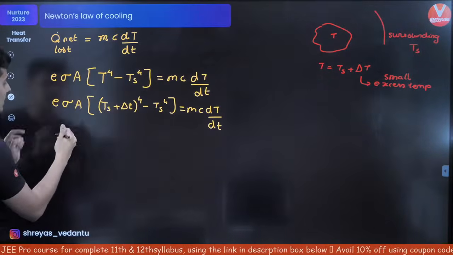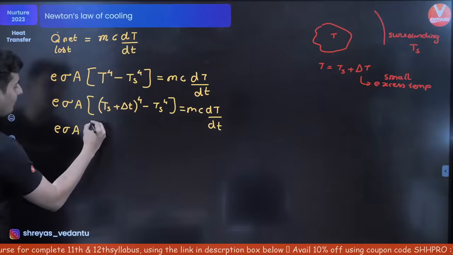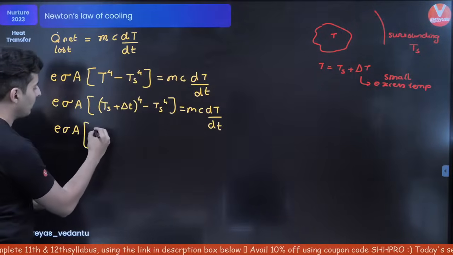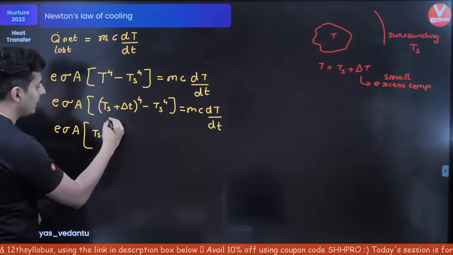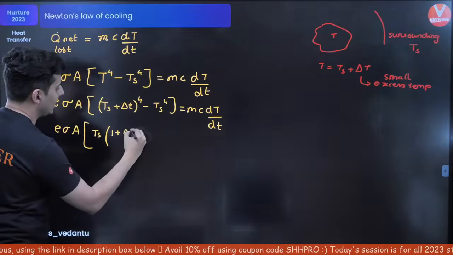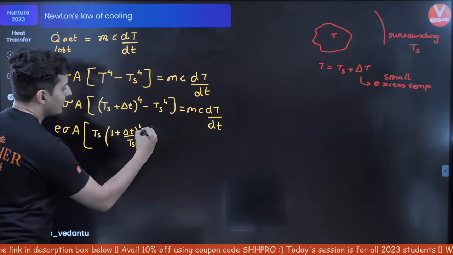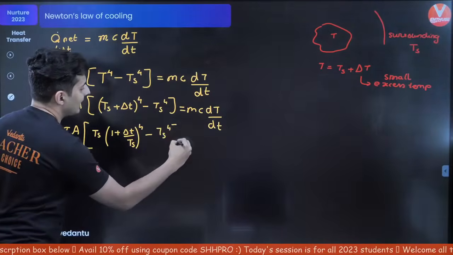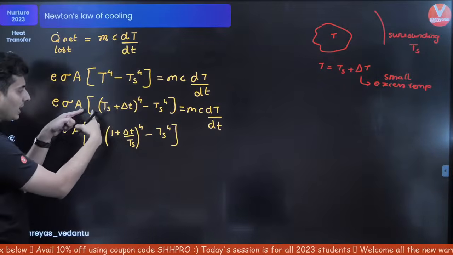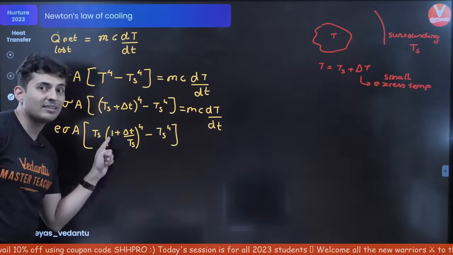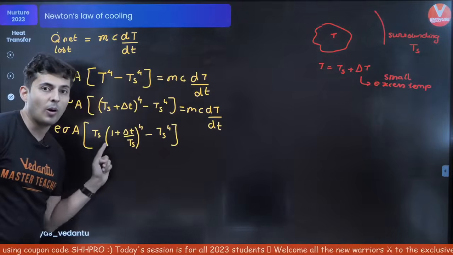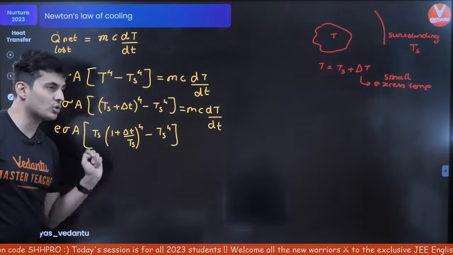Now here is what I'm going to do. I'm just going to take Ts common. If I take out Ts common, it will look like this: 1 plus delta T by Ts whole raised to 4. The reason why I did this by taking out Ts common is because this looks like a binomial form. 1 plus x raised to n.